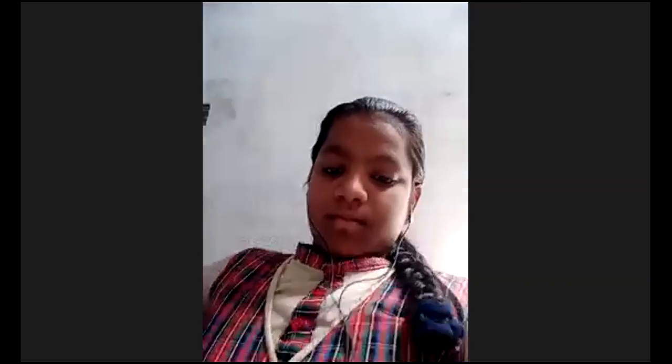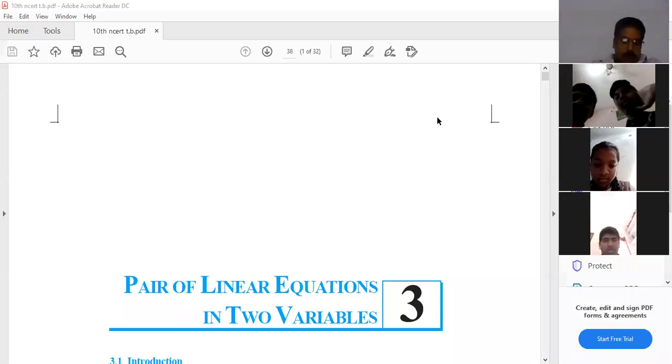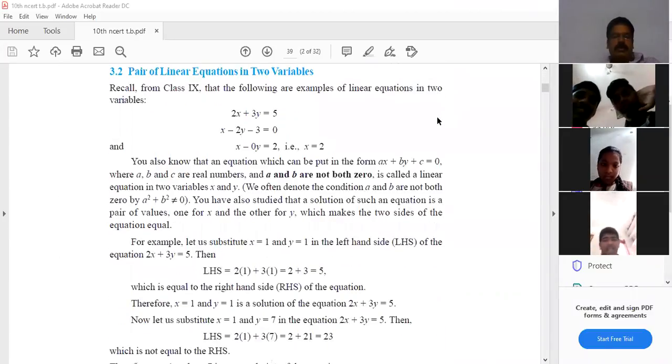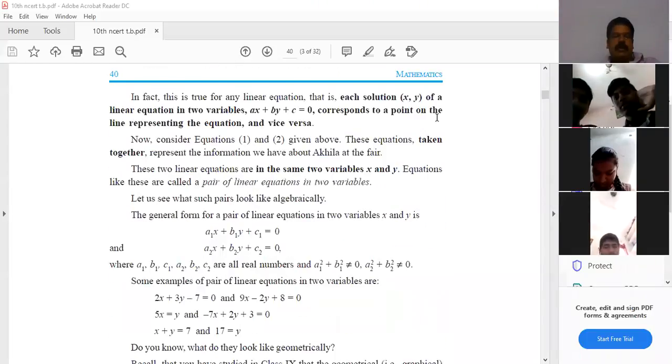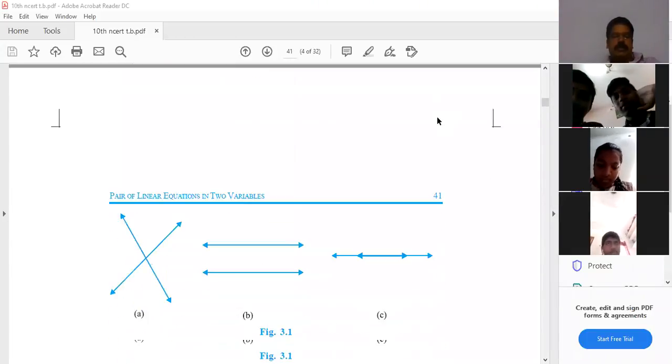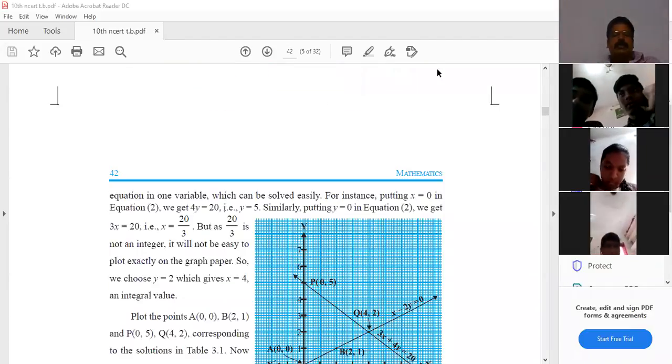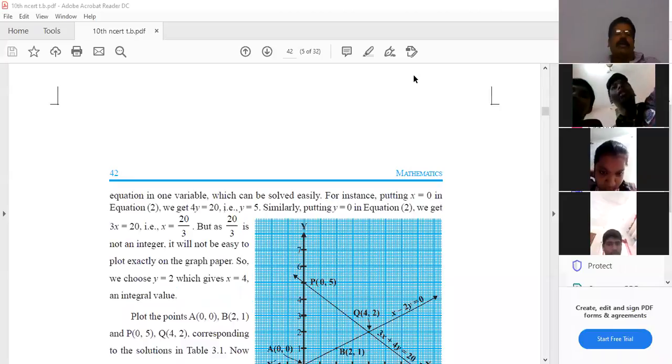Okay. Now, is it visible to you all? The screen share visible? Yes, sir. Wait. I'll go to that. Somebody is joining now on Android phone.